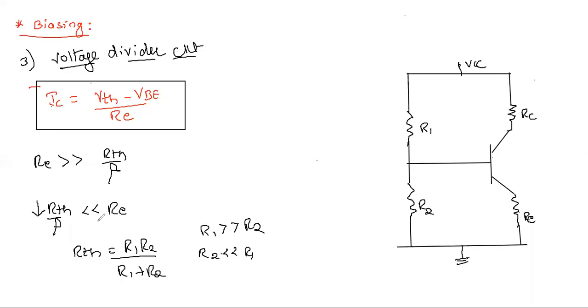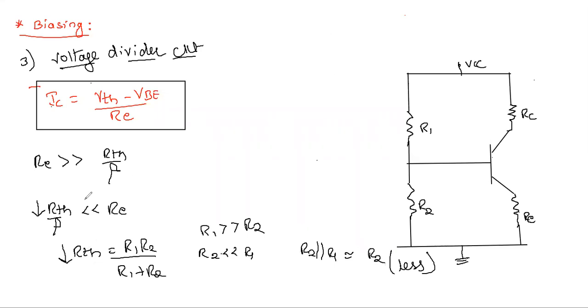So the value of RTH we can make less, as R2 is less than R1. The parallel combination of R2 with R1 will be approximately equal to R2, which is a less value. Obviously, as I assumed R2 is less, the value of RTH will become less.